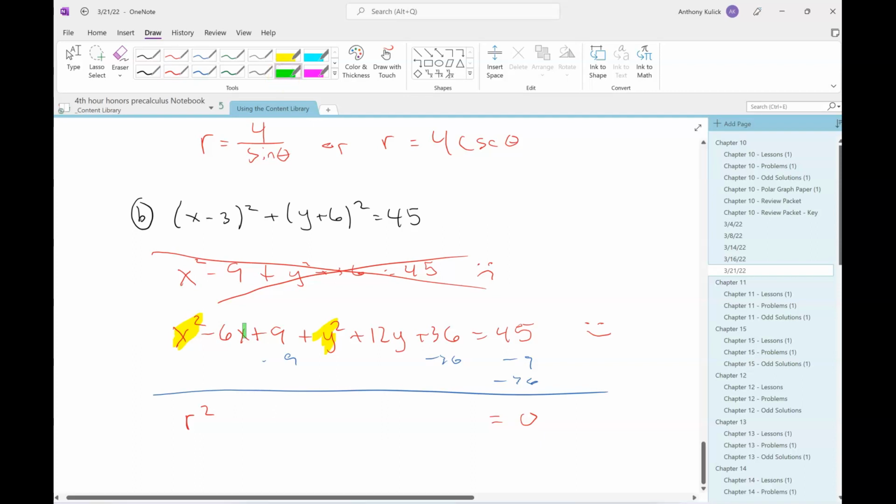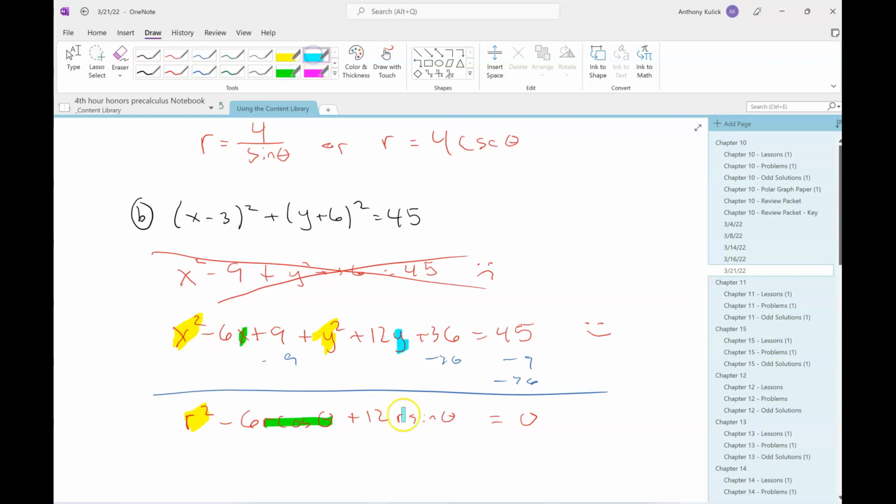Remind me again, what's x? R cosine theta. Oh, cool. And then we still got this y over here. What's y again? R sine theta. Ooh. We got rid of all the x's and y's now. That's pretty nice, right? Okay.